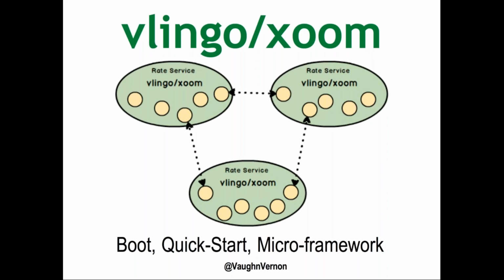It might miss a single heartbeat, but say 2 or 3 heartbeats are expected within a time frame, and if we see at least one of those heartbeats within a time frame, then we actually haven't lost that node at all, at least for the most part. We're also concerned with quick start in vlingo xoom.